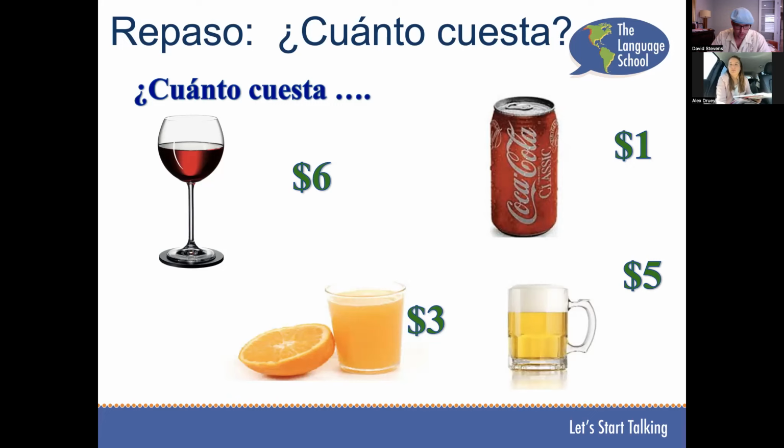Cuesta $1. ¿Cuánto cuesta un jugo de naranja? Cuesta $3. ¿Y cuánto cuesta una cerveza? Cuesta una cerveza $5. So say that a little backwards. Una cerveza cuesta $5.